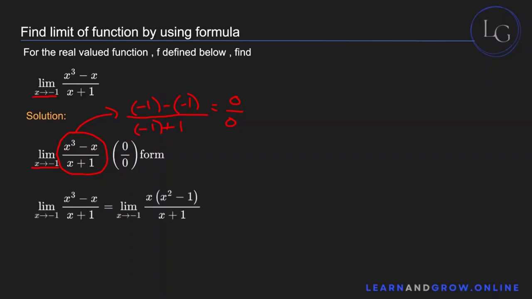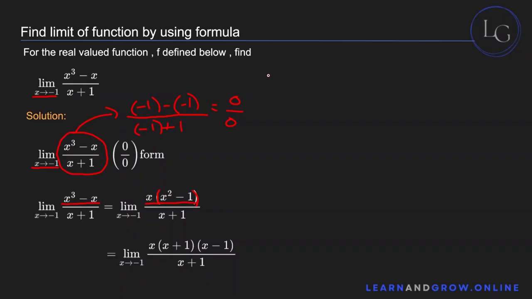So there's one way of solving this, that's by the L'Hopital rule, but that is not in the scope of this chapter, right? So you need to find another way, and that is by simplification. So you take x common from the numerator and you get this, right? Now, what you have to do after that is apply the algebraic identity on this bracket here, x squared minus 1.